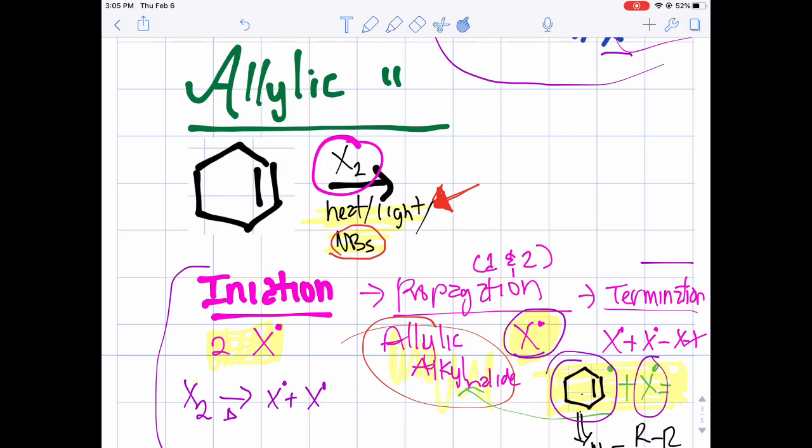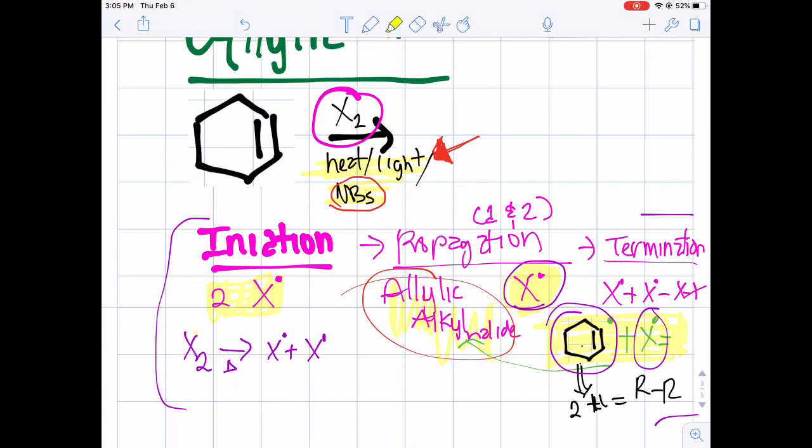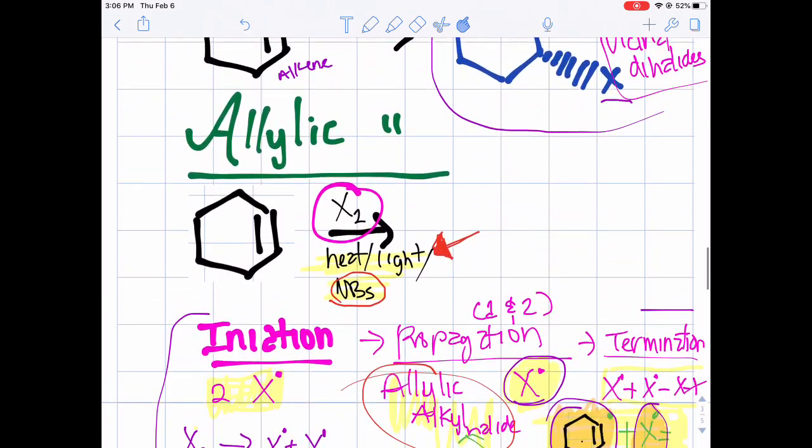Your termination step will show how basically all the possible radicals come to bond together. So your two halogen radicals will come together to form the diatomic halogen, and then the major product will come from your alkyl radical and your halogen radical coming together to form an allylic alkyl halide for this allylic halogenation.